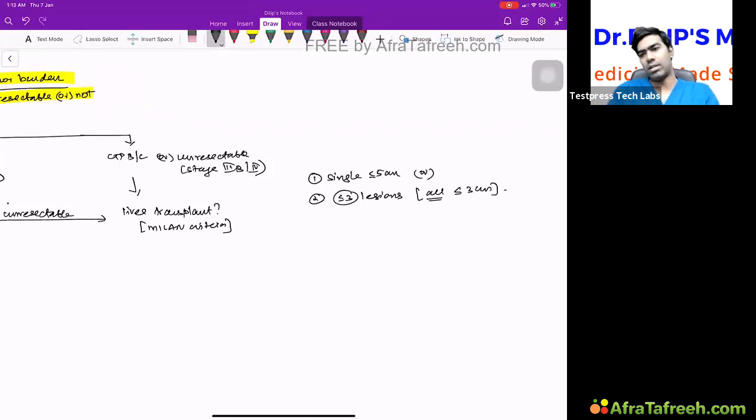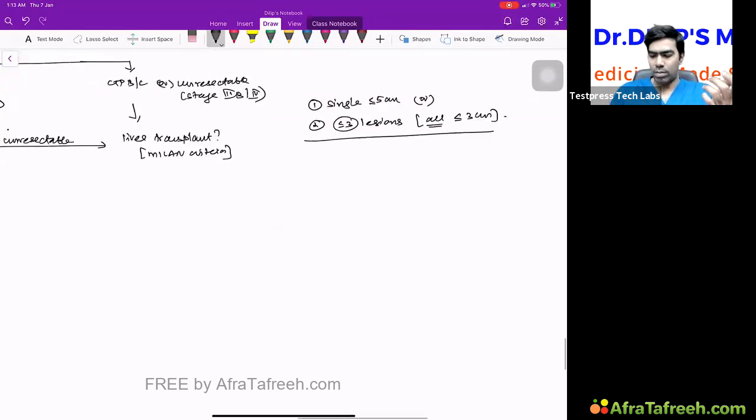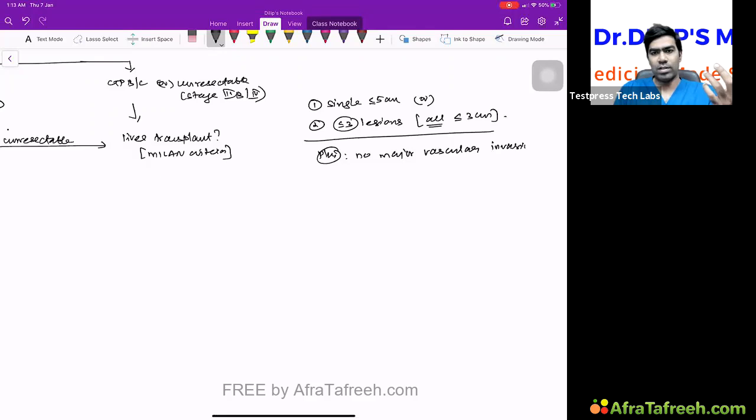Along with that, the patient should have no vascular invasion. Vascular, in the sense, we're not talking about small vessel invasion, we are talking about no major vascular invasion, which means it should not invade one of the major branches of the portal vein.